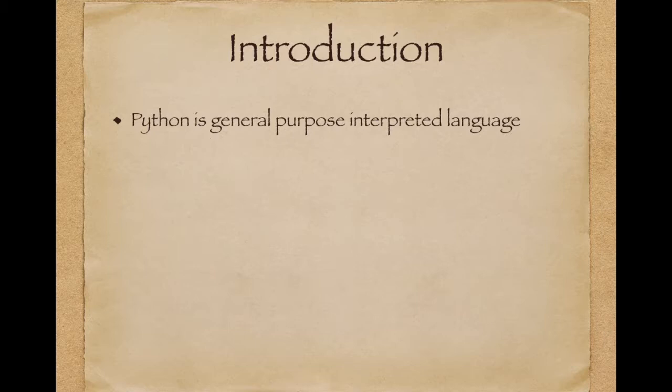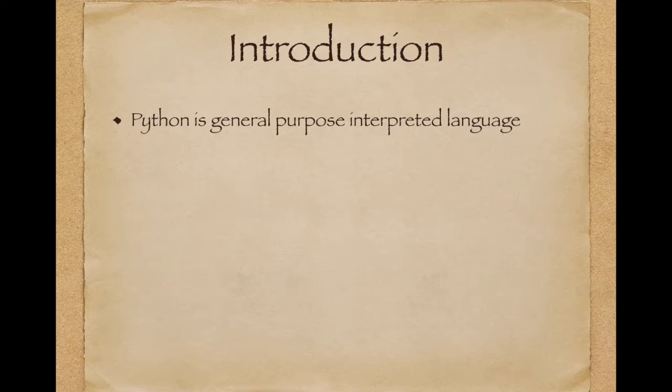Those we call specific purpose programming languages. Whereas some programming languages are developed for general purpose, applicable for different applications or different genres. Such languages we call general purpose languages. One such language, Python, we also call a general purpose interpreted language.